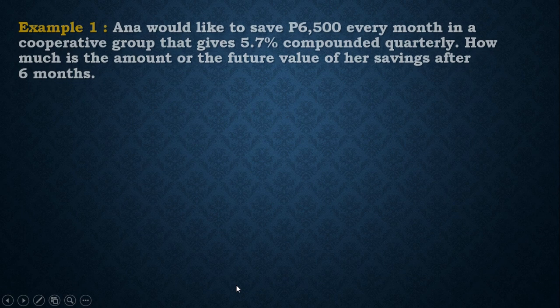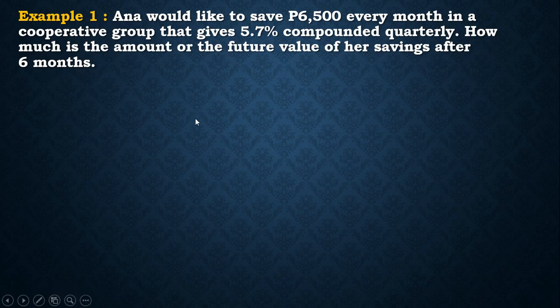Let's take example number 1. Anna would like to save 6,500 every month in a cooperative group that gives 5.7% compounded quarterly. How much is the amount or the future value of her savings after 6 months? Take note of the term or time, 6 months.